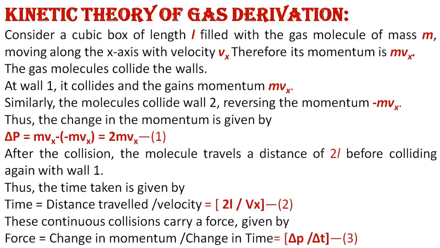After the collision, the molecule travels a distance of 2L before colliding again with the wall. Thus, the time taken is given by time equals distance traveled over velocity. The distance traveled is 2L, since one wall is at L and the second wall is at another L, so we consider 2L.